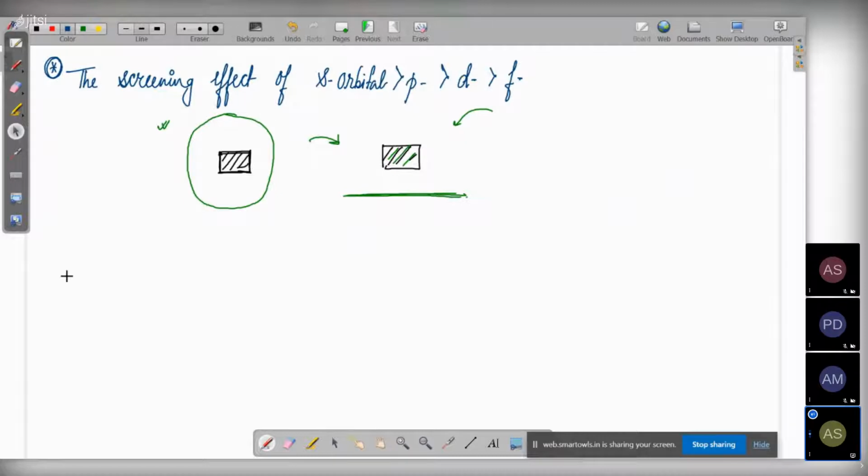Now another effect is the penetrating effect. And this also has the same order.